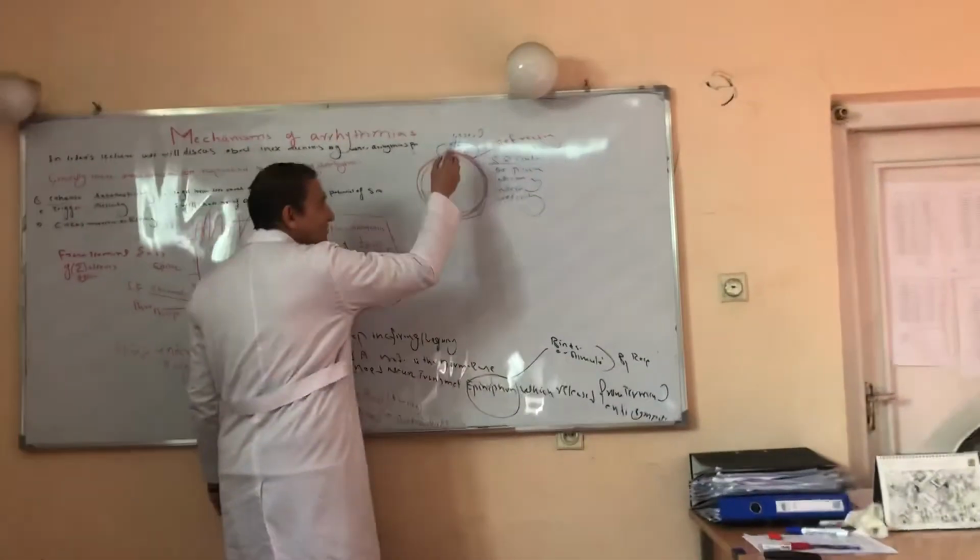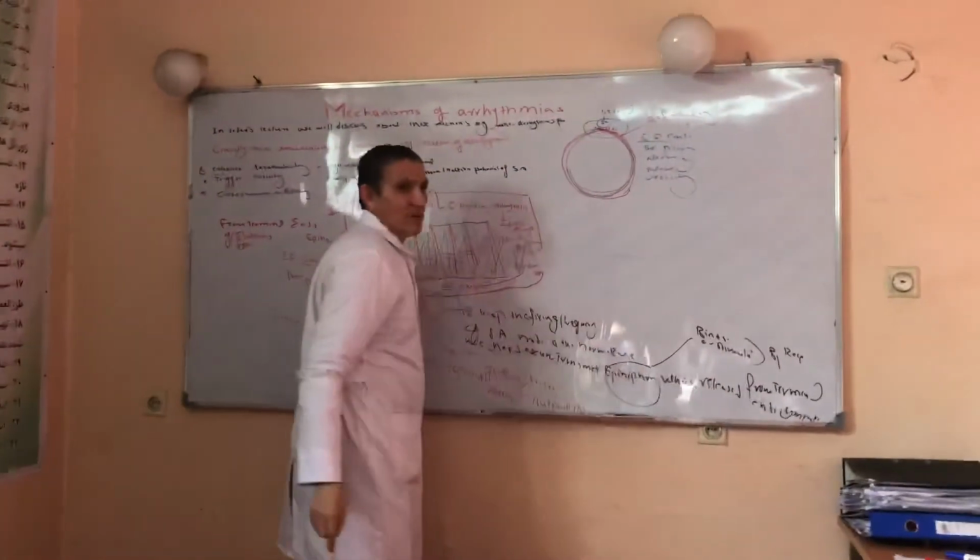Yes. We'll say it again. For example, this is the SA node, and it produces an electrical impulse every 1.2 seconds. Now think of this strip as cardiac muscle.